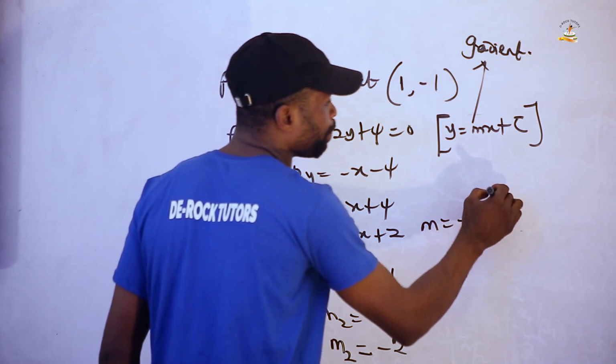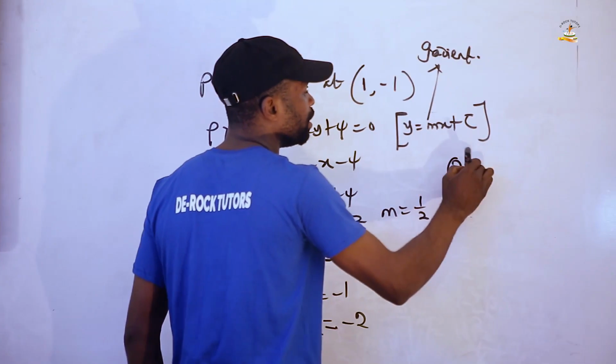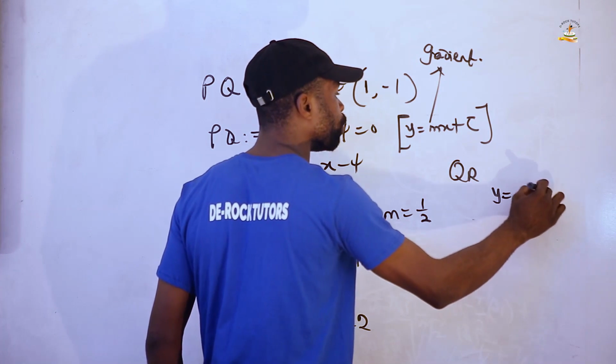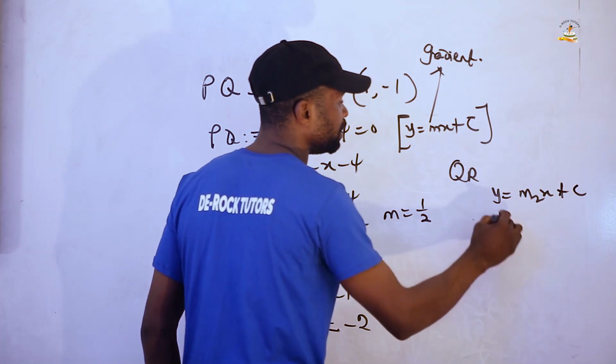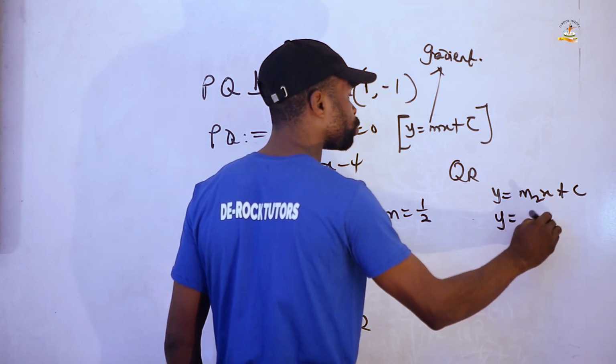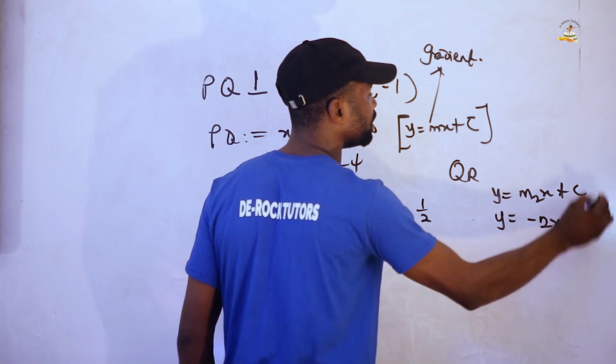We now write the proposed equation for QR. The proposed equation will be given as y equal to m2 x plus c. This implies that y is equal to minus 2x plus c.